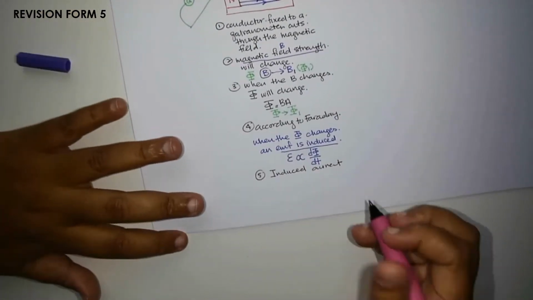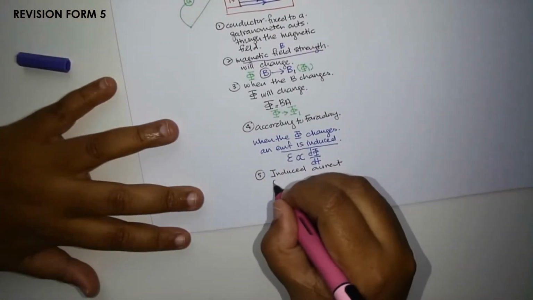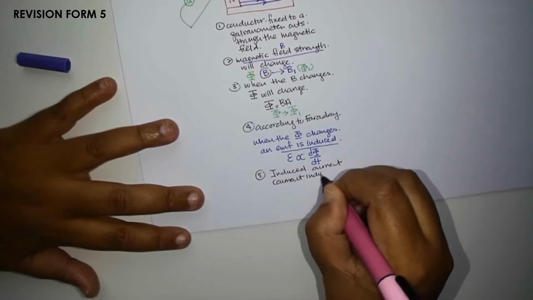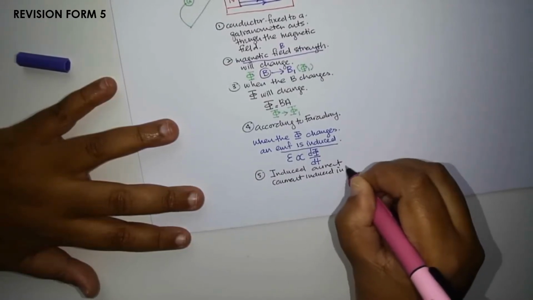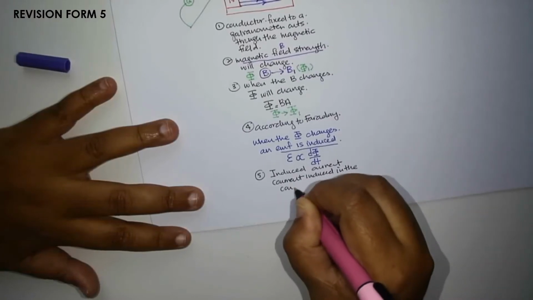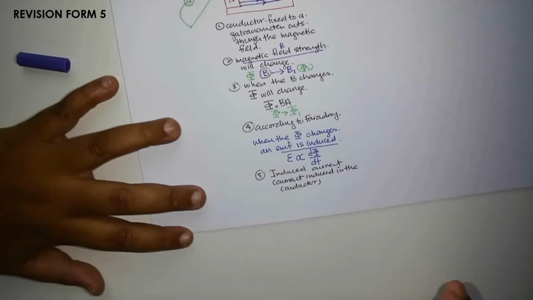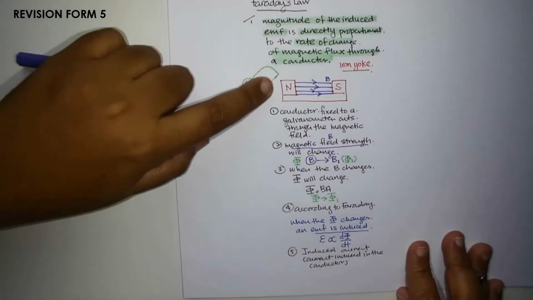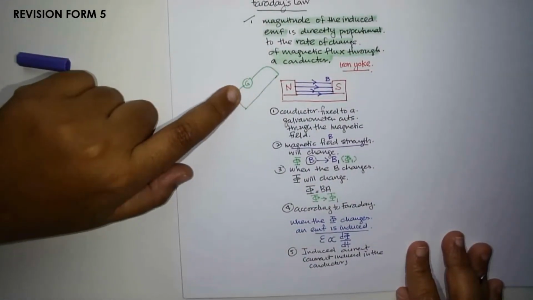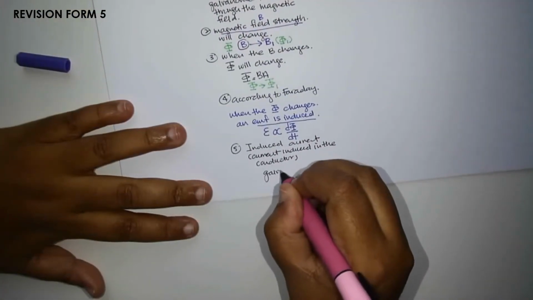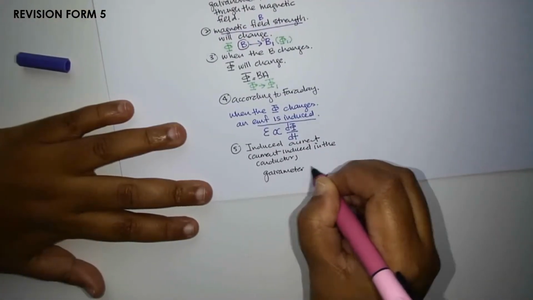So current is induced in the conductor, and then when there's a current induced in the conductor, the galvanometer detects it.